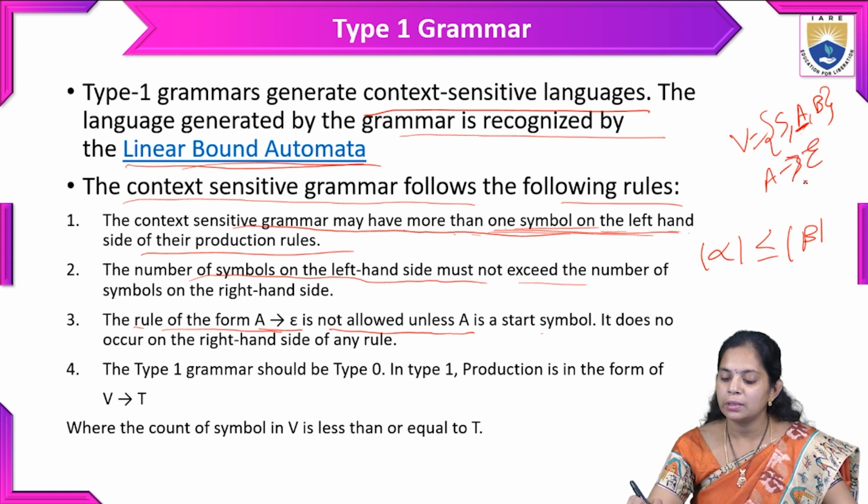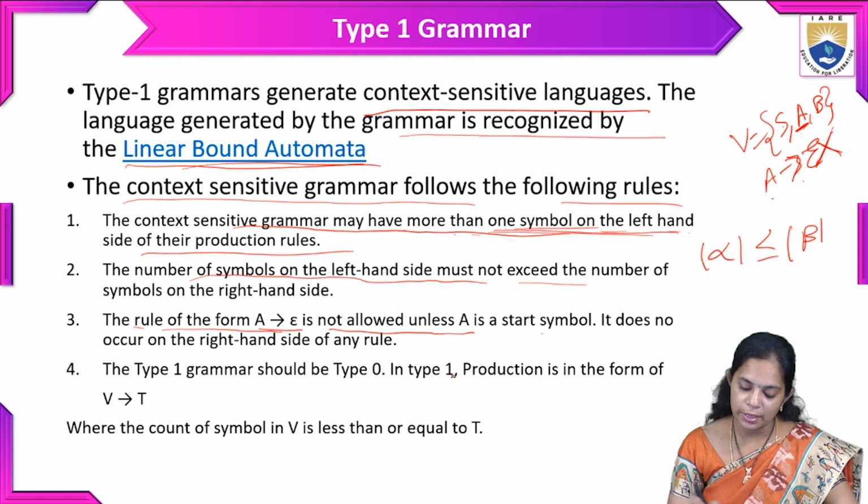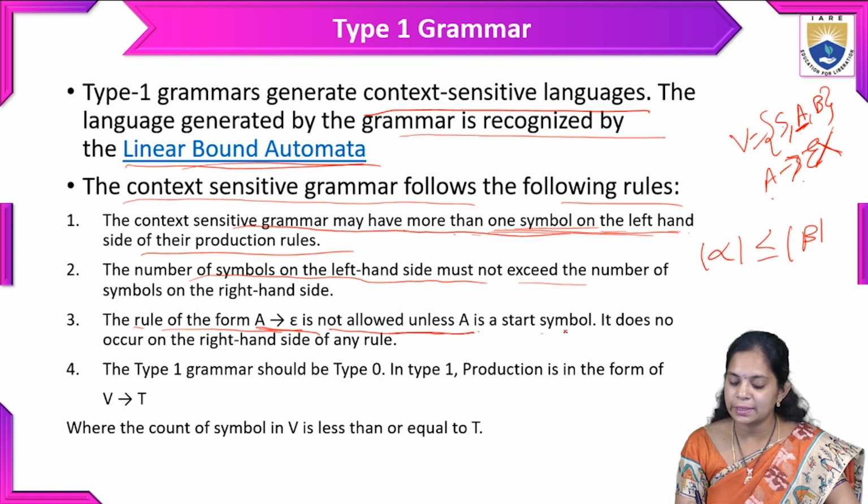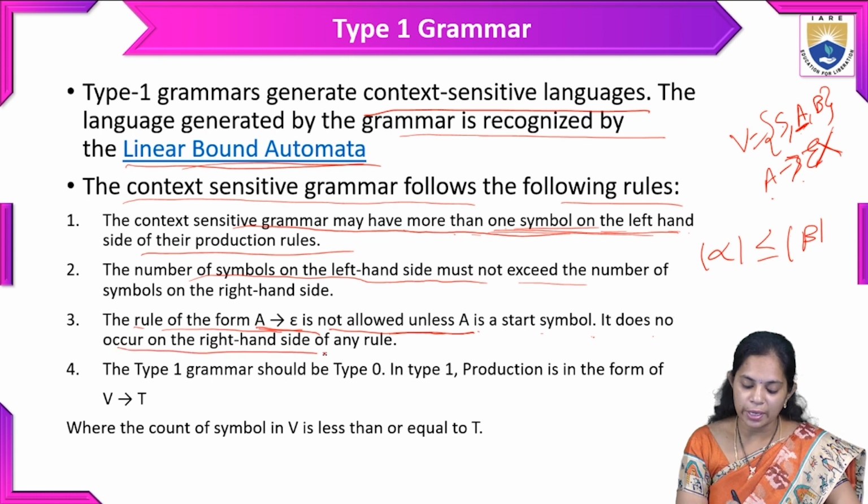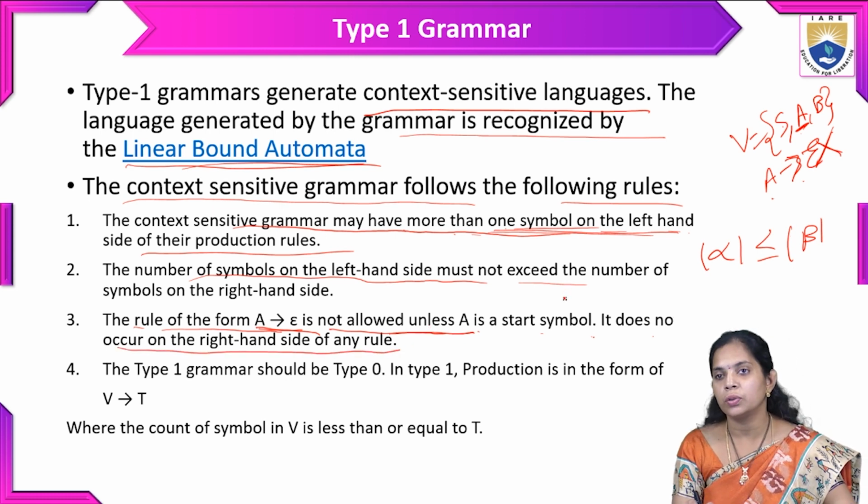Other than that, A tends to epsilon should not be there. This is the condition we need to follow: A tends to epsilon is not allowed unless it is the starting symbol, and it does not occur on the right hand side of any rule.